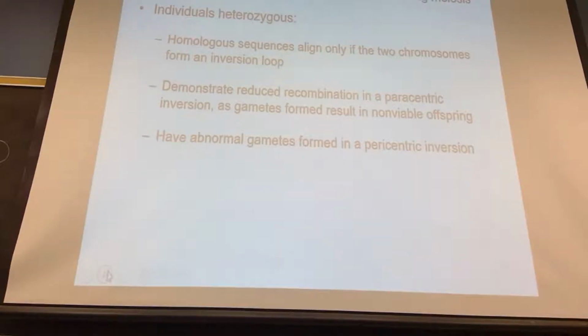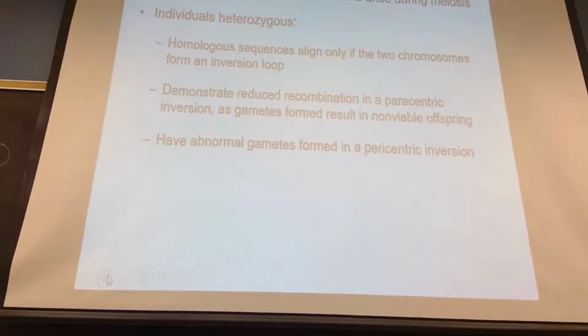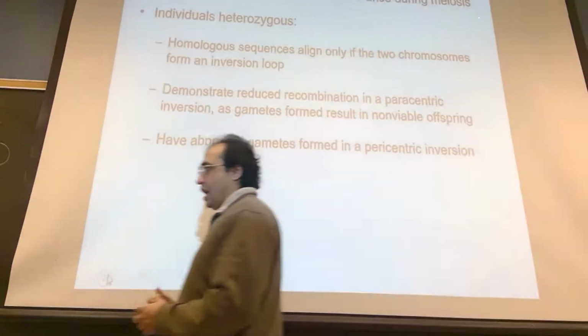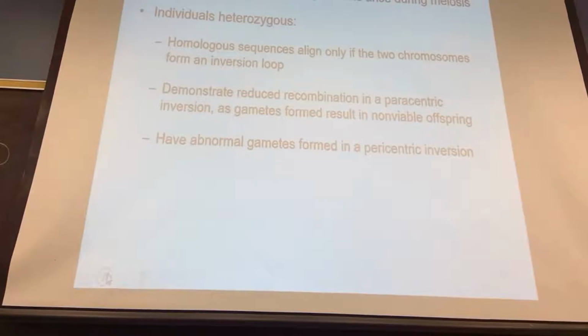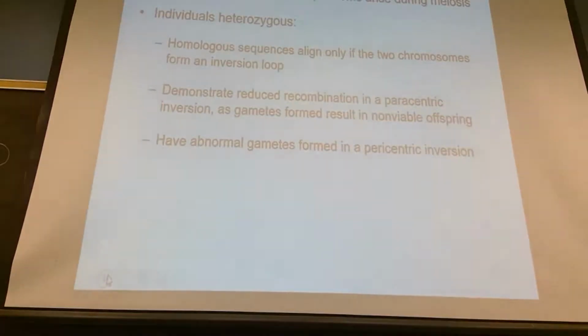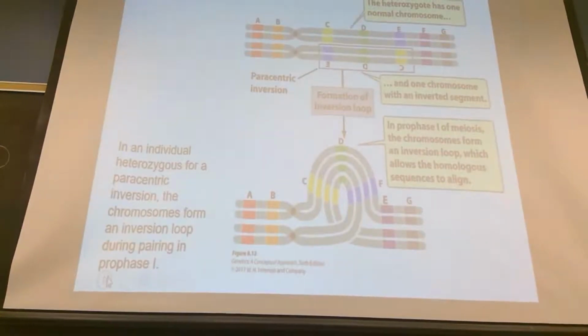In duplication, in one chromosome there are double doses, in the other only a single dose. There was a loop. What will happen for this one? There are a lot of things. Generally, they are forming non-viable offspring, that is, gametes.